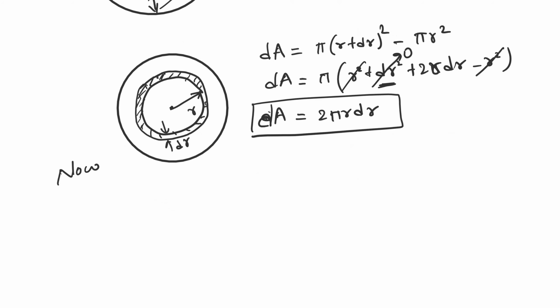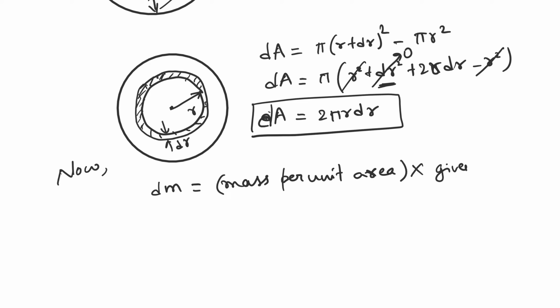Once we know the area, we can calculate the mass of the element. dm would be the mass per unit area into the given area. The mass per unit area is the density sigma, and the given area is dA.